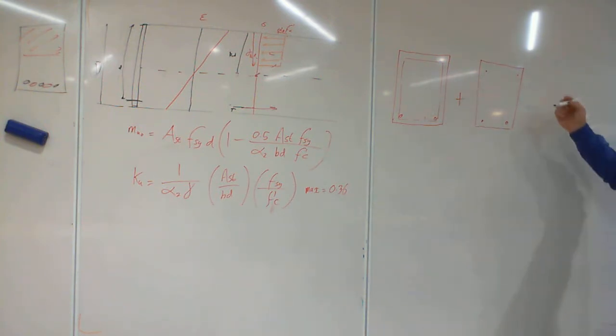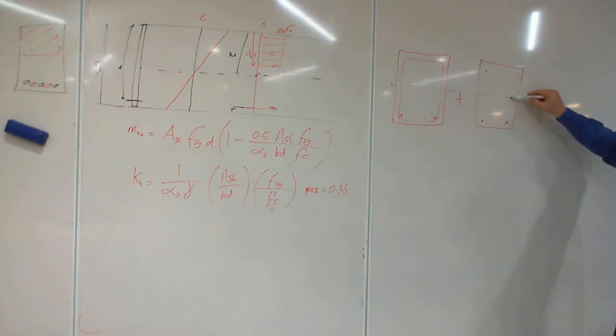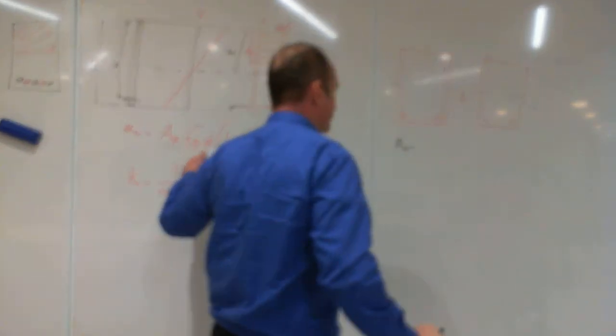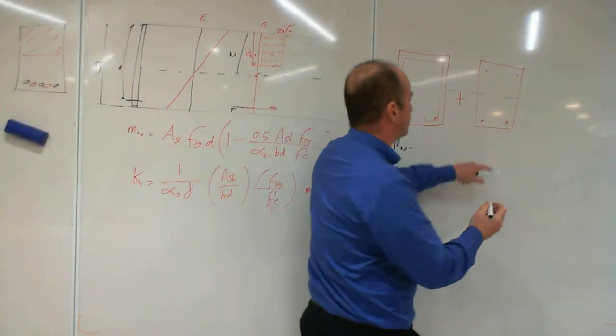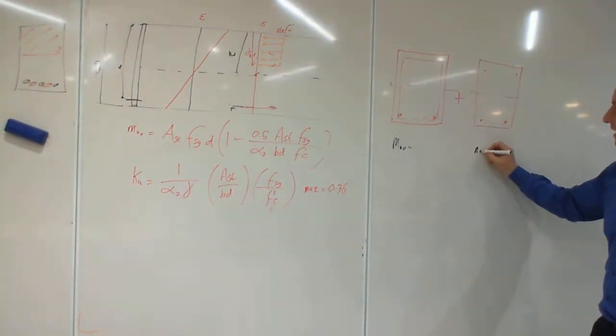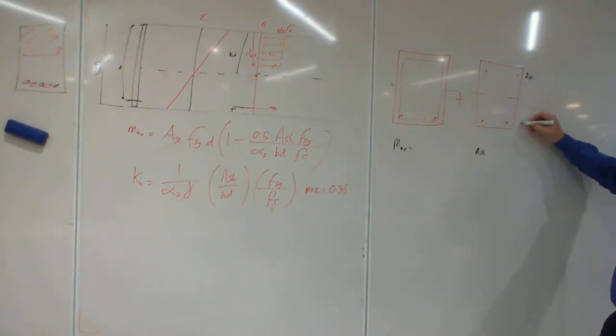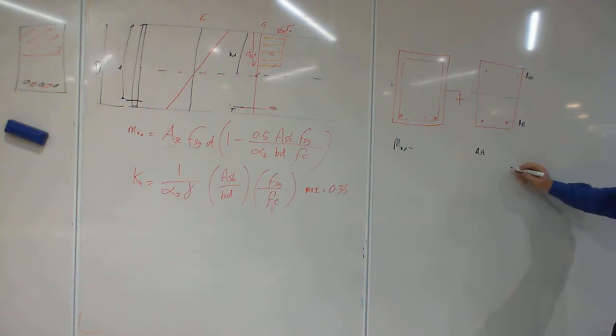Alright, there's the neutral axis, there's the neutral axis. The Mu naught of that equals that equation. The Mu naught of this is the area of steel. Let's go, that's the area of steel in compression, that's the area of steel in tension.